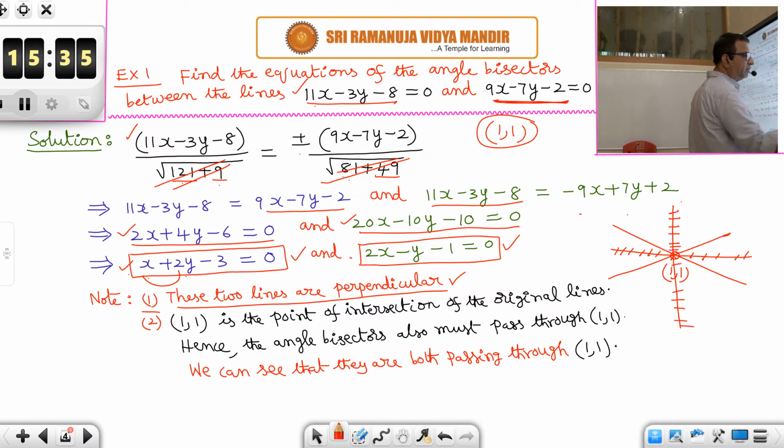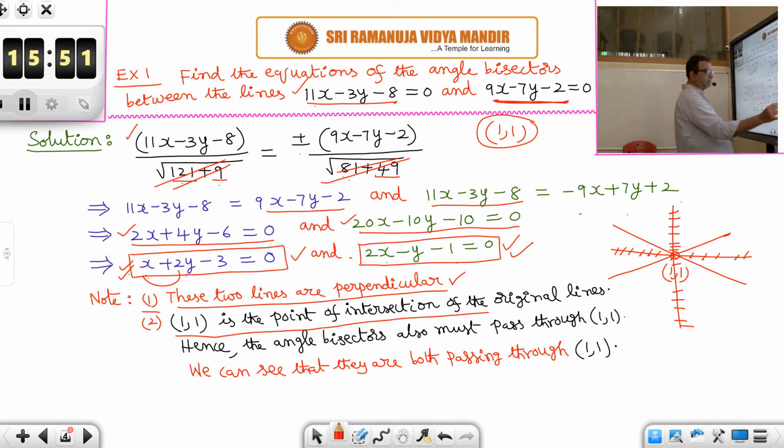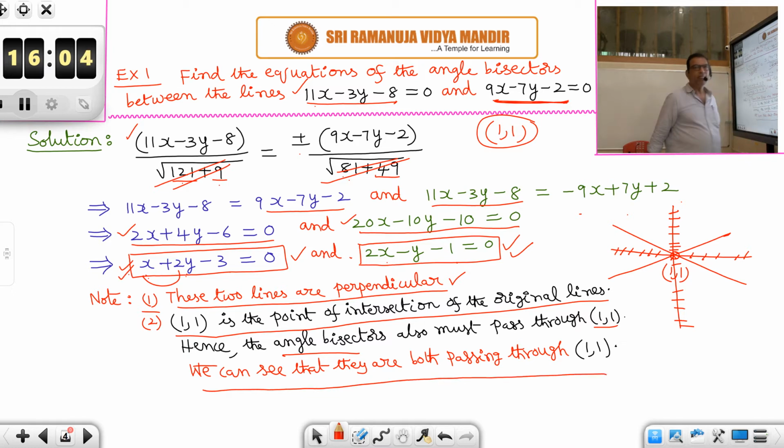Which is nothing but (1, 1). So (1, 1) must also lie on these lines. On this line, 1 plus 2 minus 3 equal to 0. Here also, 2 minus 1 minus 1 equal to 0. It is correct. Hence the angle bisectors also must pass through (1, 1), and we have checked it.